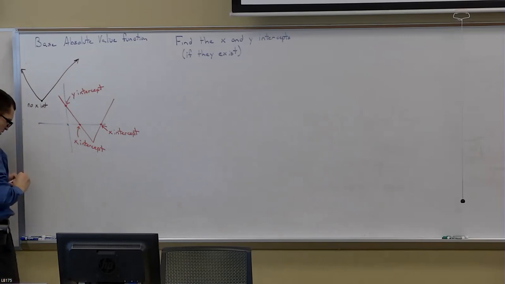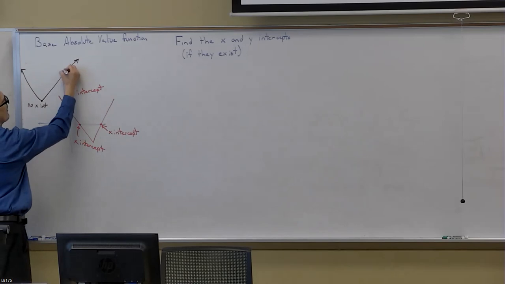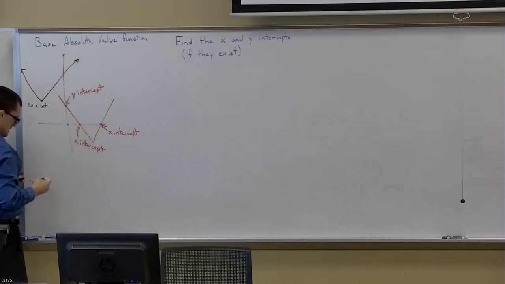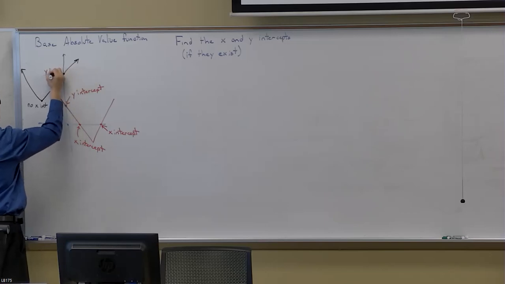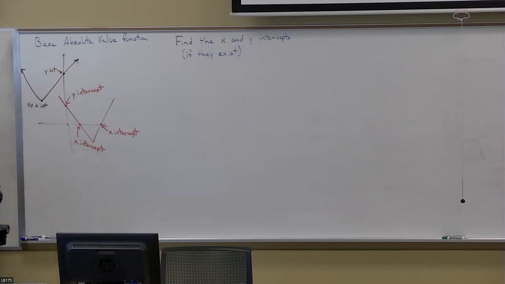It will have a y-intercept, because it will hit the y-axis at one point. So notice what we're getting at is all these absolute value functions are going to have 1 y-intercept.